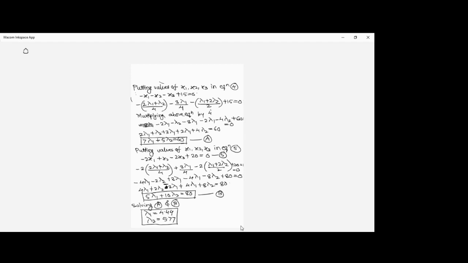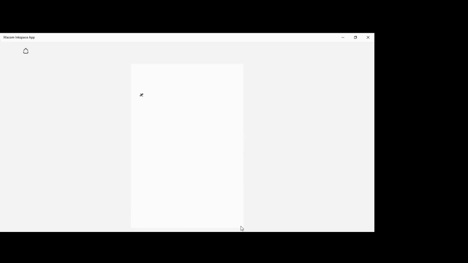We already know what the values of x1 are, right? So what is x1? x1 is equal to (2 lambda 1 plus lambda 2) upon 4. x2 is equal to 3 lambda 1 upon 4, and x3 is equal to (lambda 1 plus 2 lambda 2) upon 2, right?